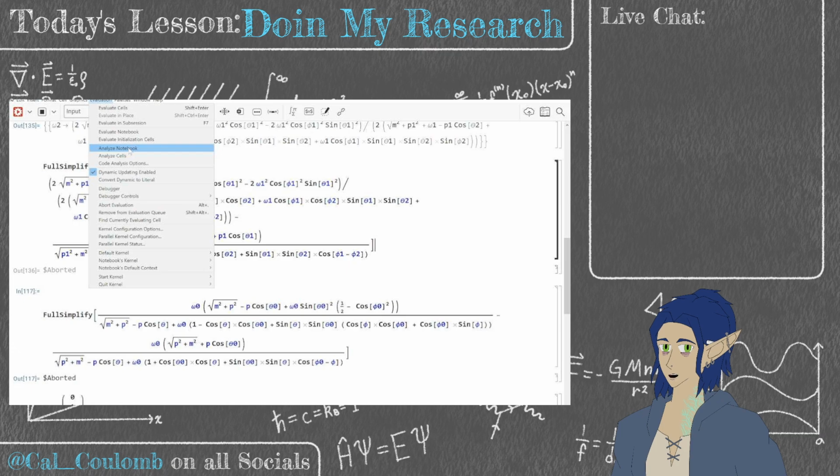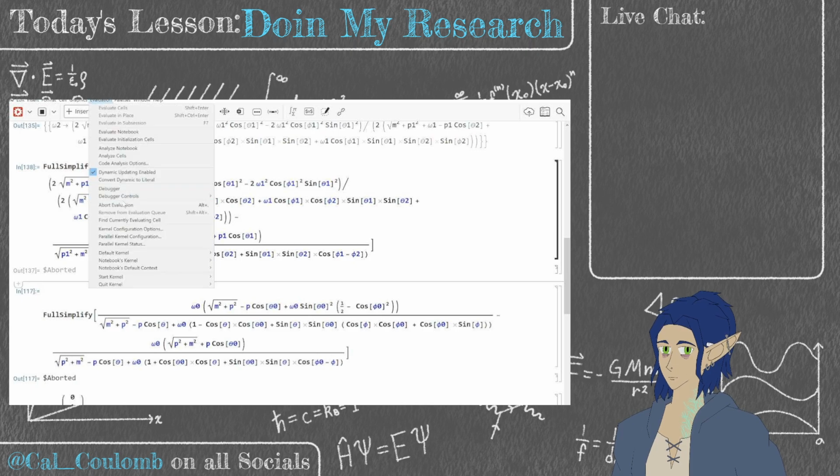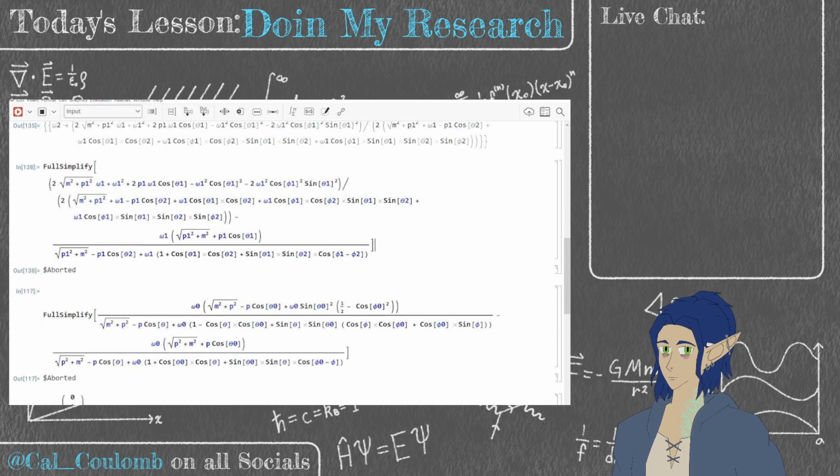It's very difficult to change notation in the middle of a problem that you're working on. Did I actually abort that? Yeah. All right. Let's see.